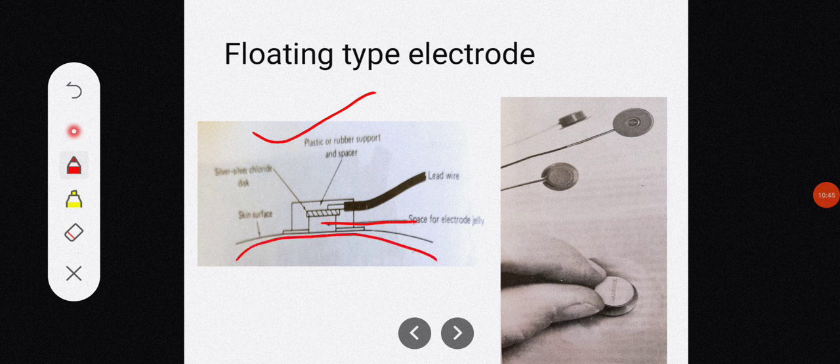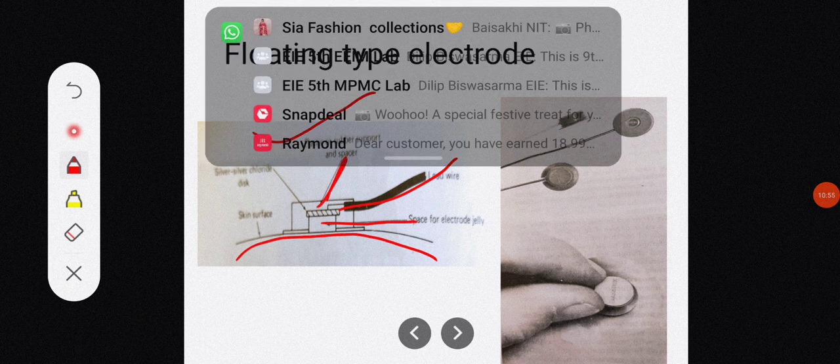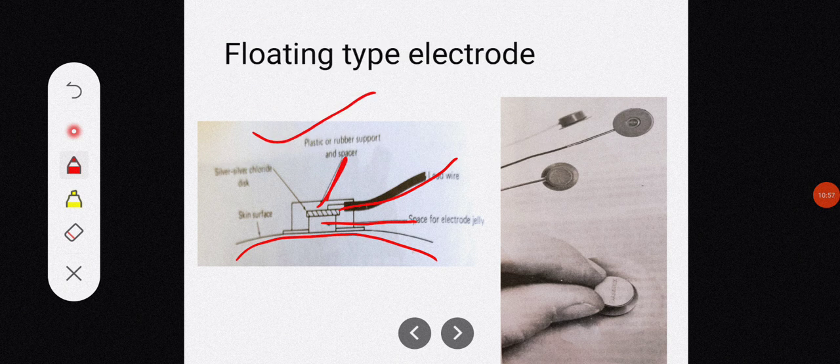This is the skin surface. This is the lead wire, which is going to take the bioelectric potential to the amplifier, etc. Then we have this plastic or rubber support spacer. Okay, so this is the cross section.